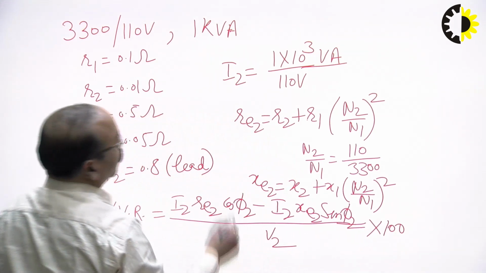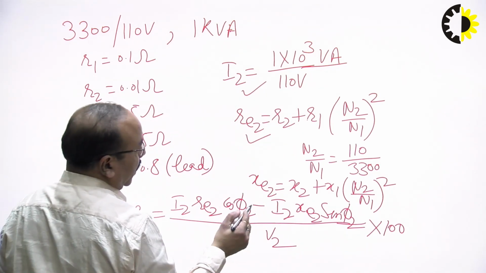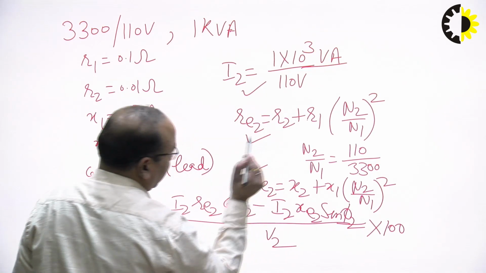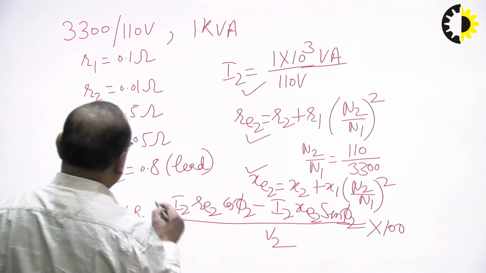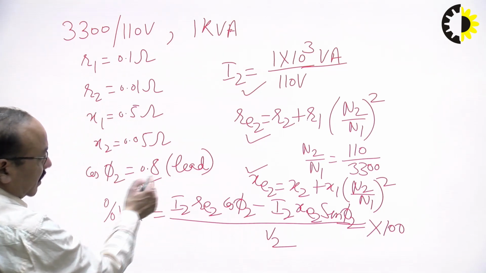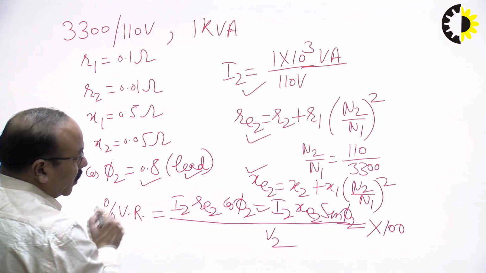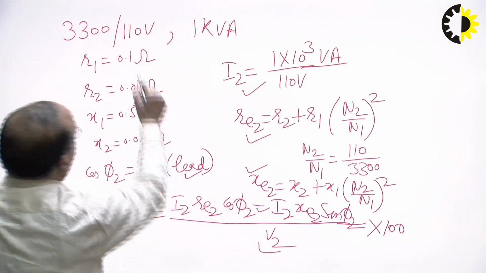The I2 value I already found, the Re2 and Xe2 values can be found from these formulas, cos phi 2 is given as 0.8, sin phi 2 will be 0.6, with the minus sign here due to the leading power factor load, and V2 is 110 volt.